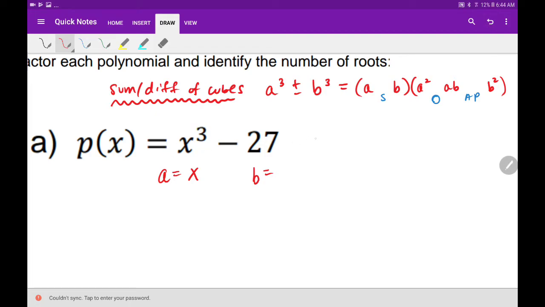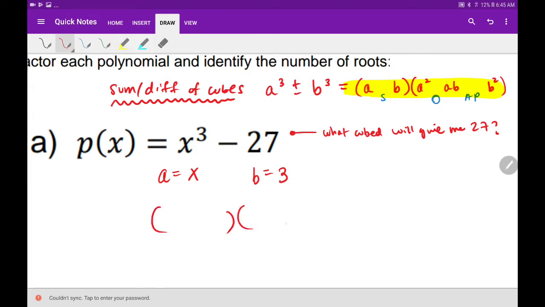And over here, again, the question you're asking yourself is, what cubed, or what times itself 3 times, will give me 27? Well, in this case, the answer is 3. So my b term is going to be 3. Once we've identified our a and our b, we just plug them in to this little formula we have here.